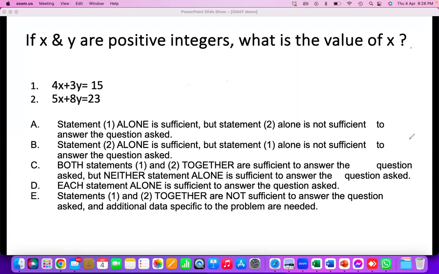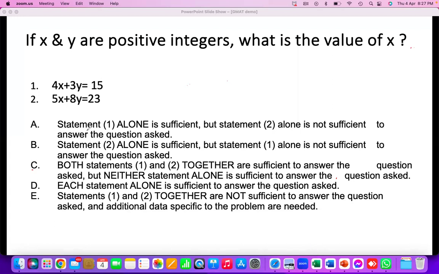Mark C if both statements 1 and 2 together are sufficient, meaning you get the answer only if you combine both statements. Mark D if each statement alone is sufficient. Mark E if even after combining both statements you fail to answer the question, meaning some extra information is needed.